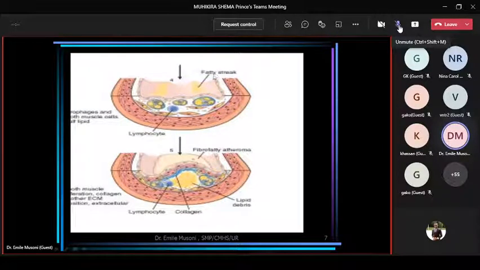This one is the fatty streak, where there are some lipids, those low density lipoproteins. Then there will be fibrofatty atheroma, and this one has lipid debris, some lymphocytes, and smooth muscle involvement in the extracellular matrix.